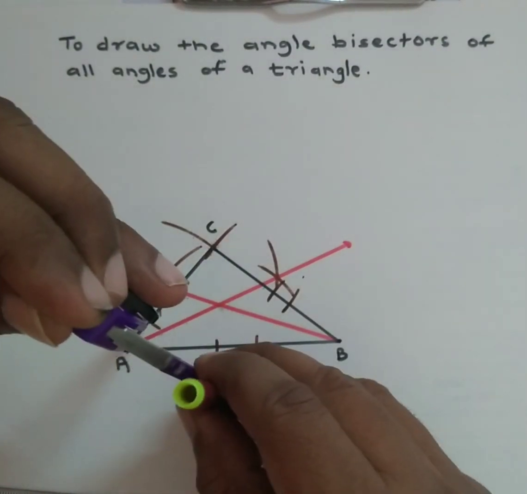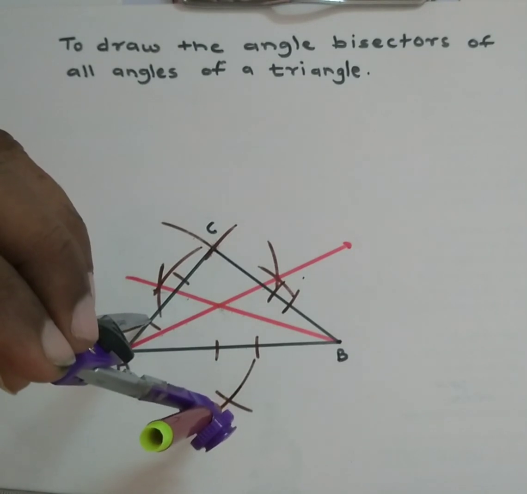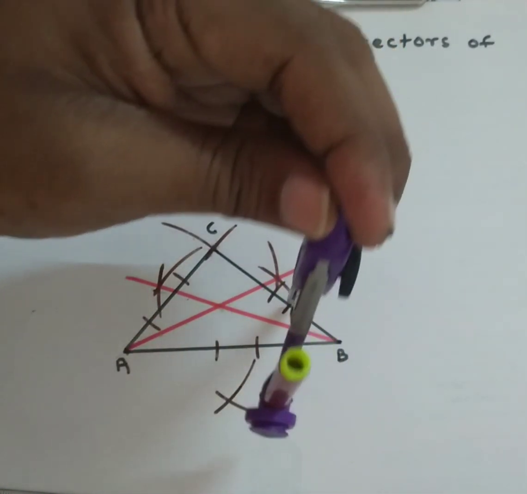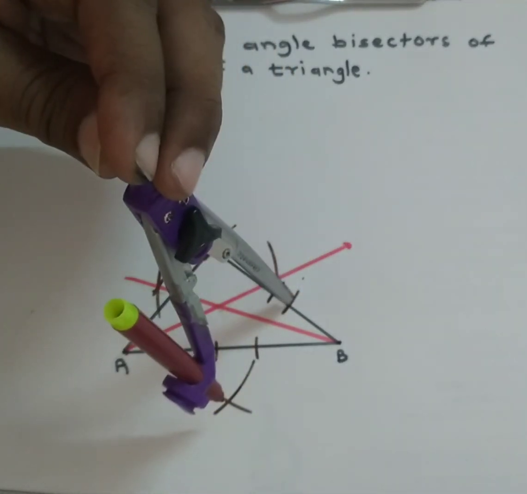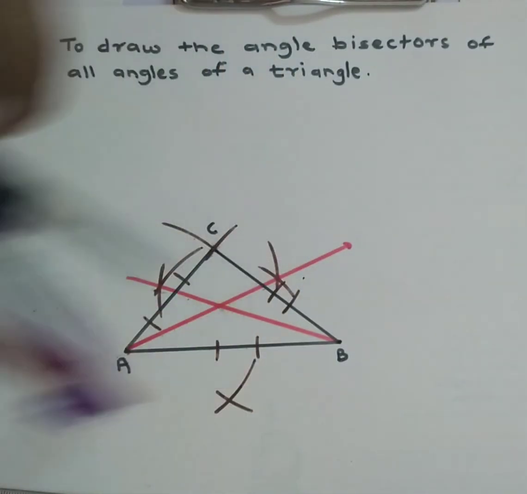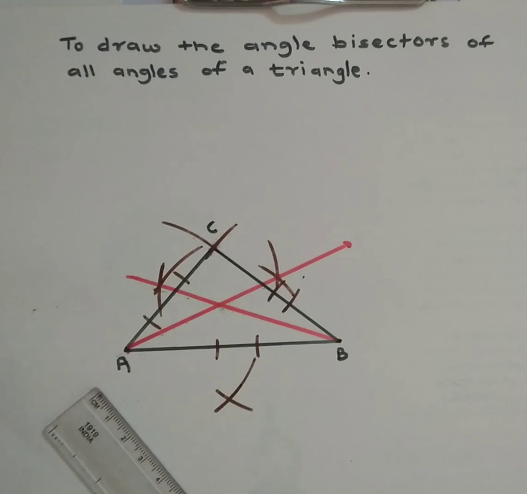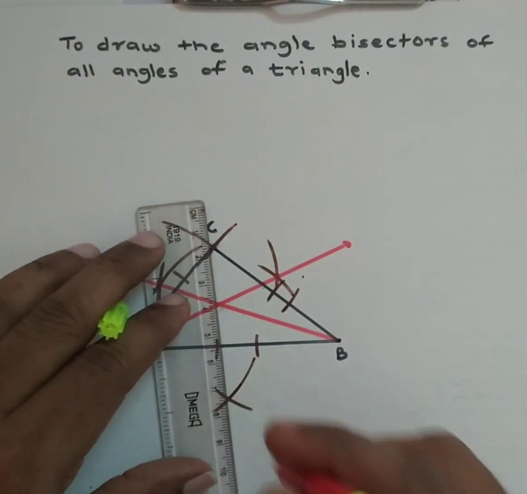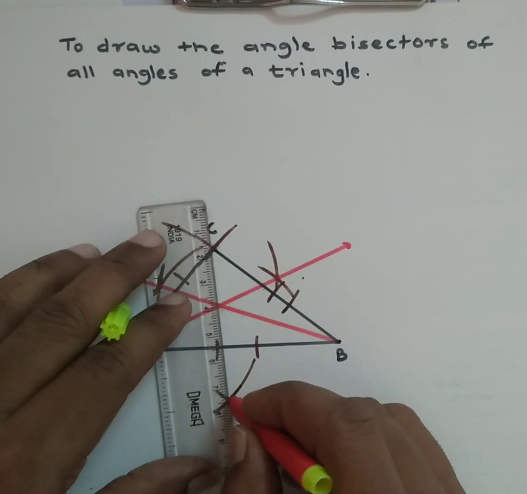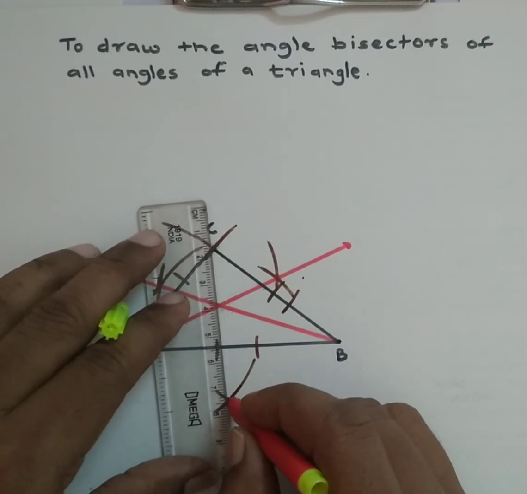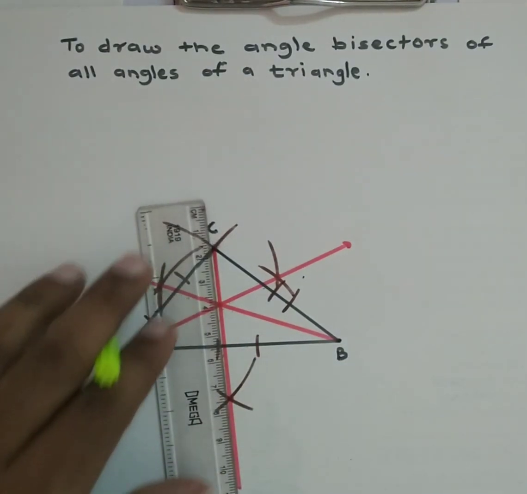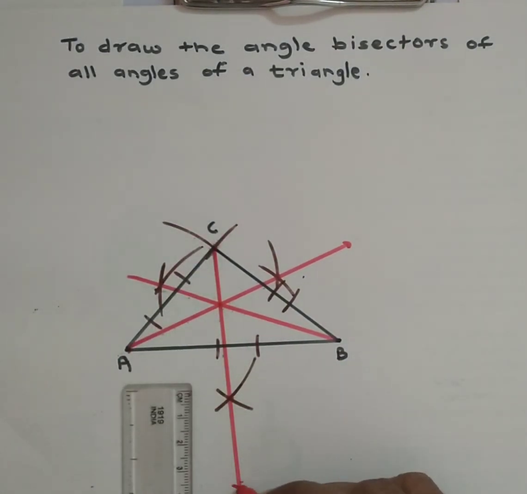You can change the distance here as 1 and 2. Now we will join this point with the point C, and we will get the bisector of angle C also. So this is the bisector of angle C.